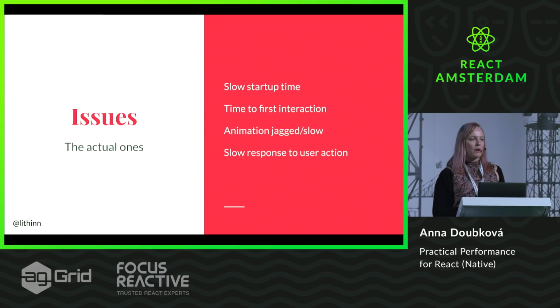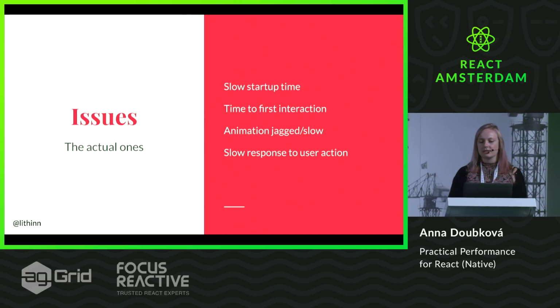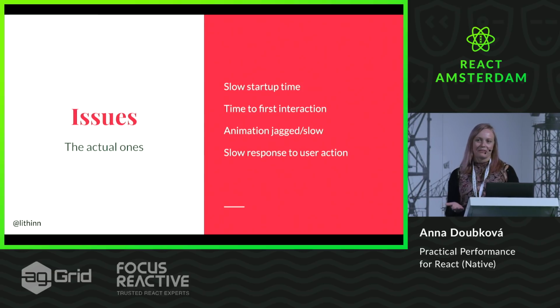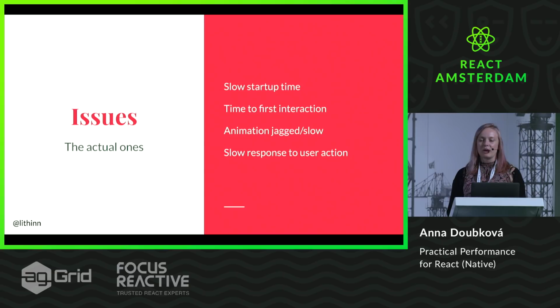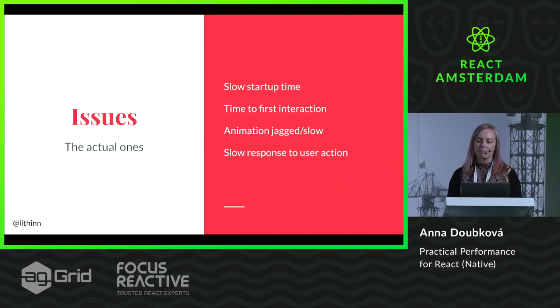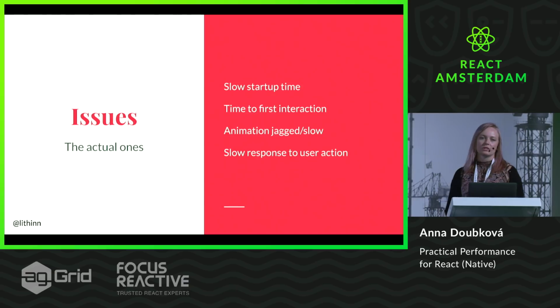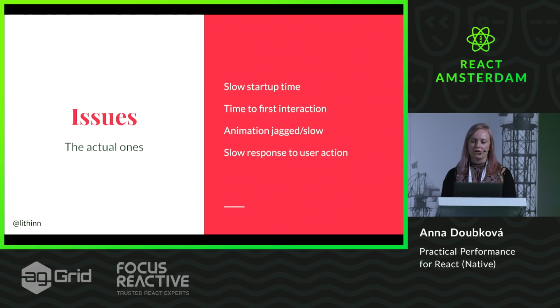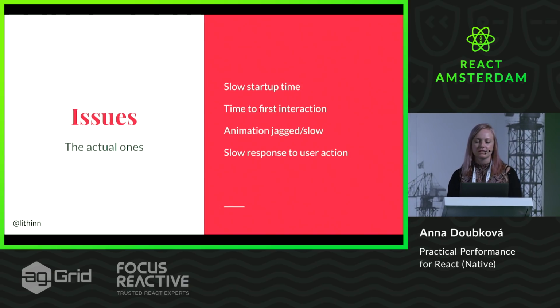The general issues we were facing in our React Native app were things that probably a lot of people would face. A lot of it was slow startup time of either the whole app or the pages as we were navigating to them. The other section of issues came from slow response time to whatever the users were doing, or not smooth animations.